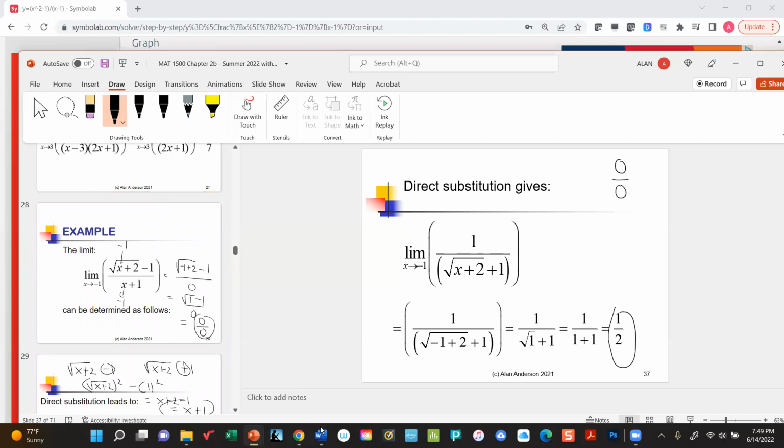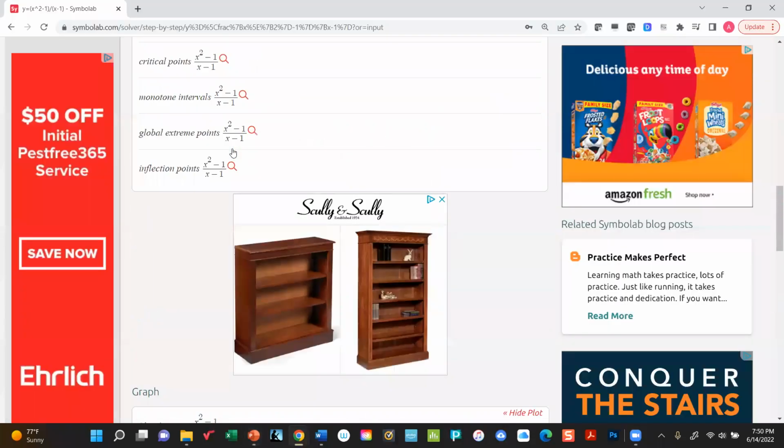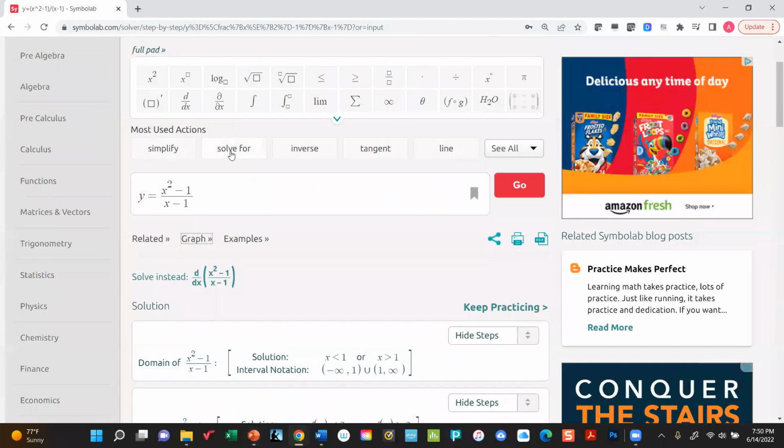All right, let's get that old Symbolab going. There we go. So first, I just want to see what this thing looks like.